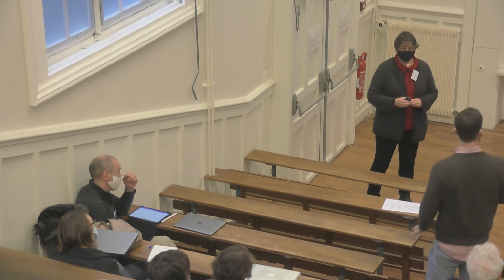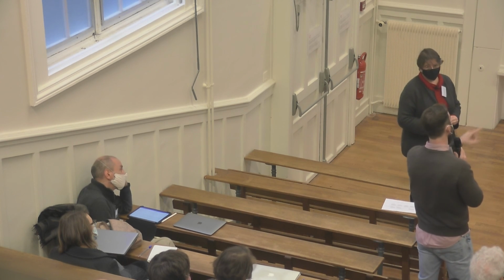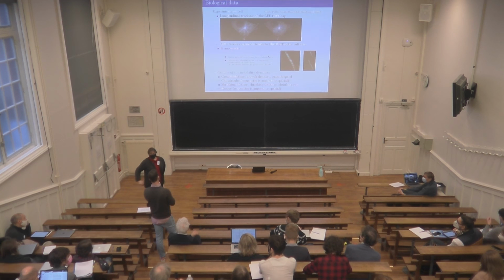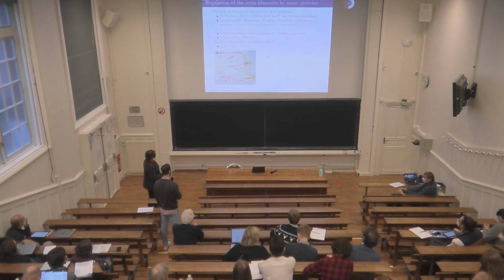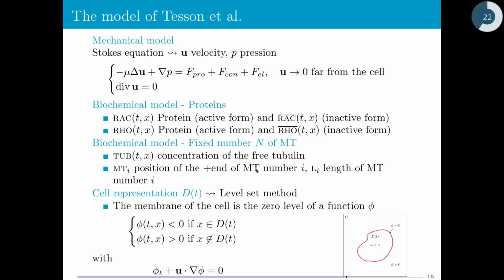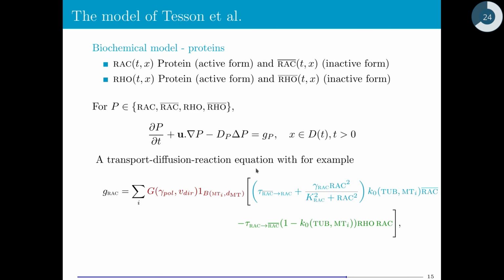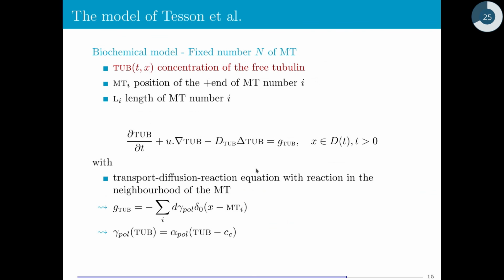I do have a quick question. In the second part of the talk, you assume the functions gamma and g to be linear. How much do you think that affects the results?